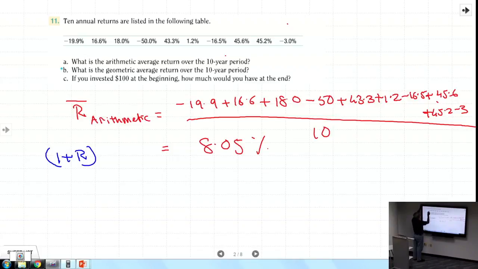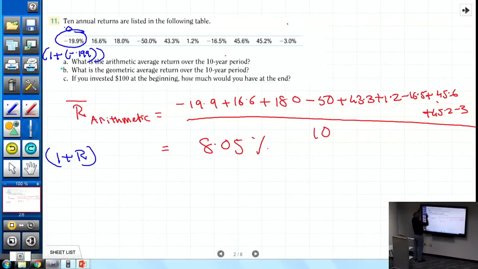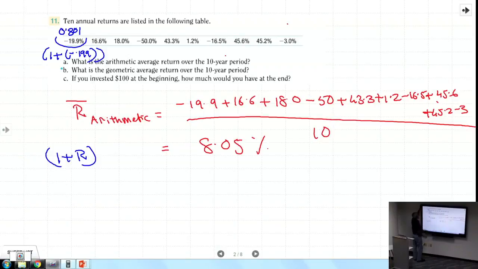So this one would be 1 plus minus 0.199. That's the wealth relative for year 1, and that's going to be 0.801. Next one is going to be 1 plus 0.166, so this would be 1.166.